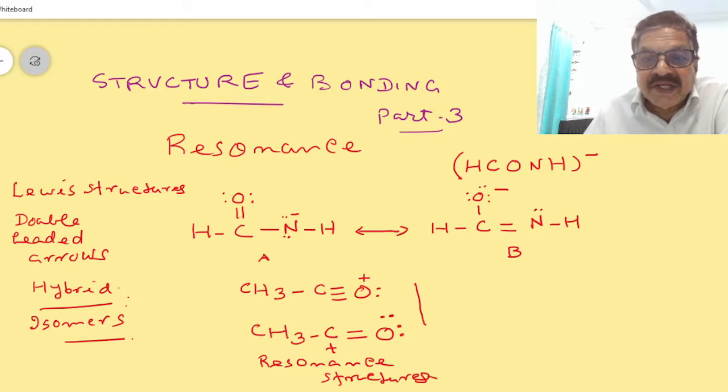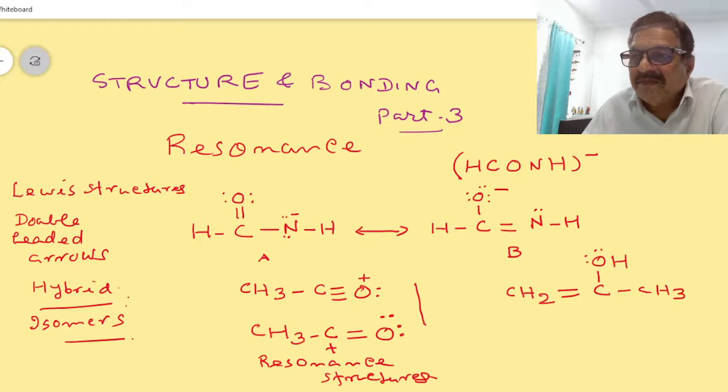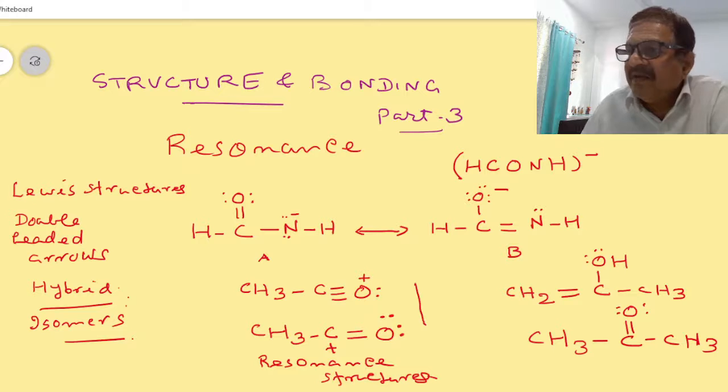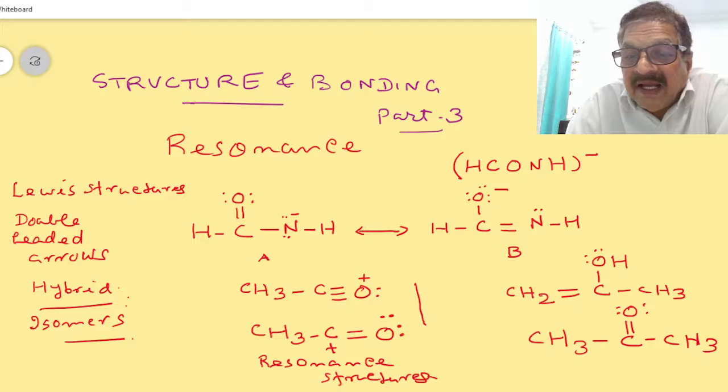Now, if you take a compound of this nature, CH2=C–OH, there is an OH group here, then CH3, this compound and this compound. These compounds are actually different compounds. One has a hydroxyl group and the other has a carbonyl group, a keto group.